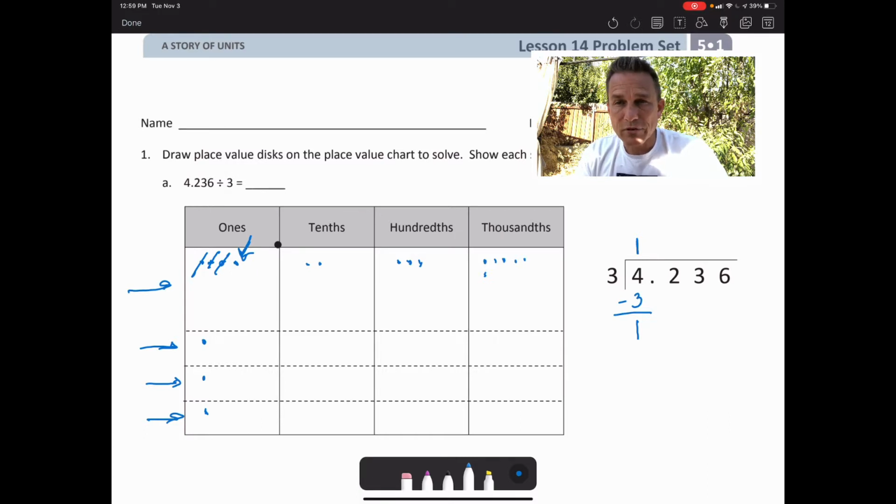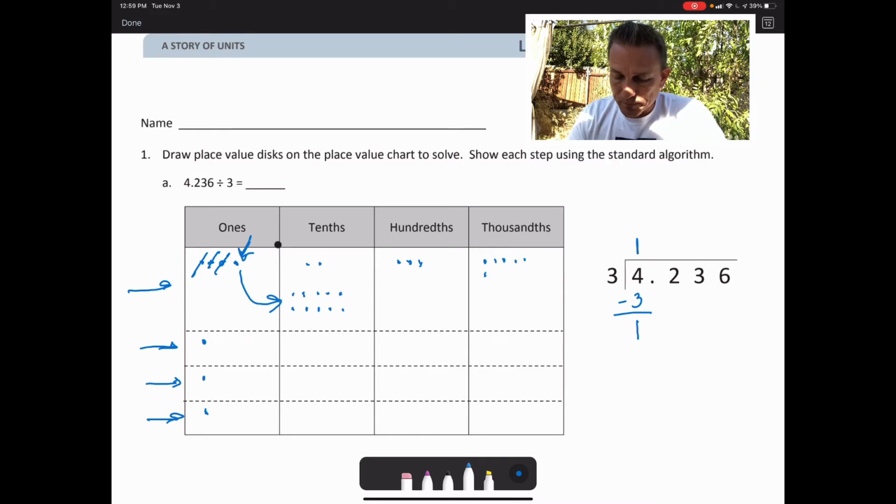And what I'm going to do with that 1 is, since I cannot share it evenly in the ones, I'm going to convert it into tenths. So I'm going to unbundle it and turn it into 10 tenths. What I have now is 12 tenths. If you look at our algorithm, you notice that there were 2 tenths to begin with.